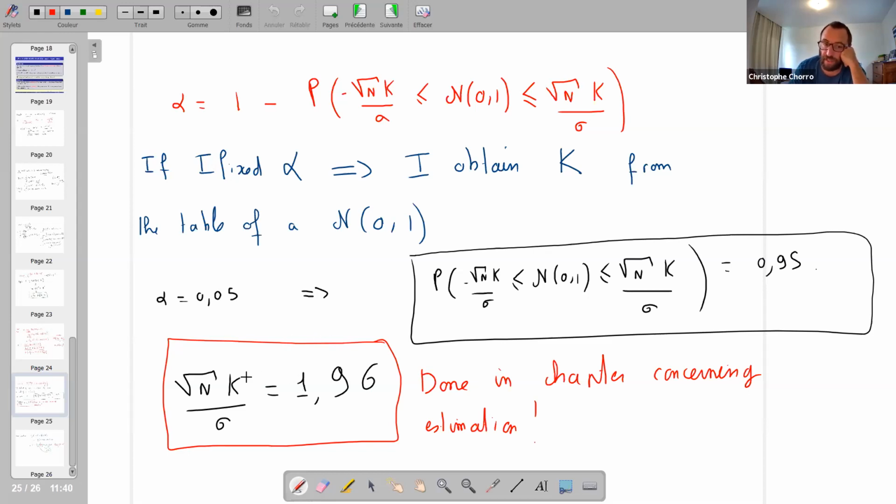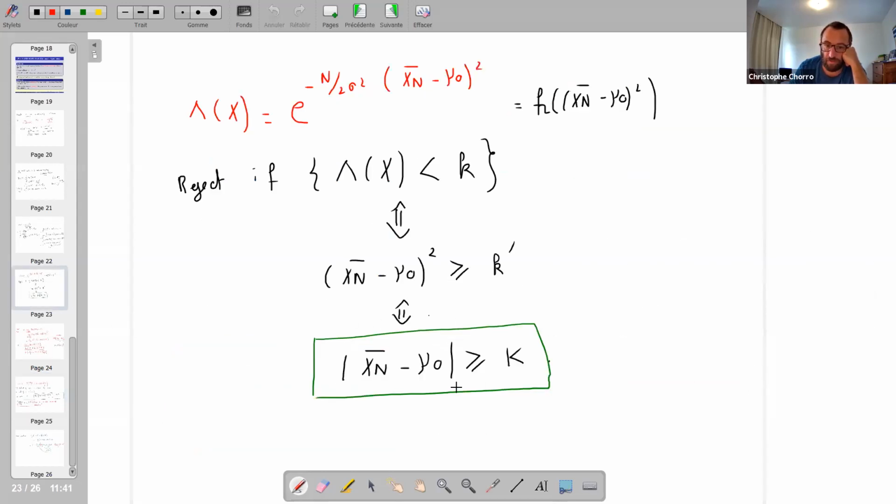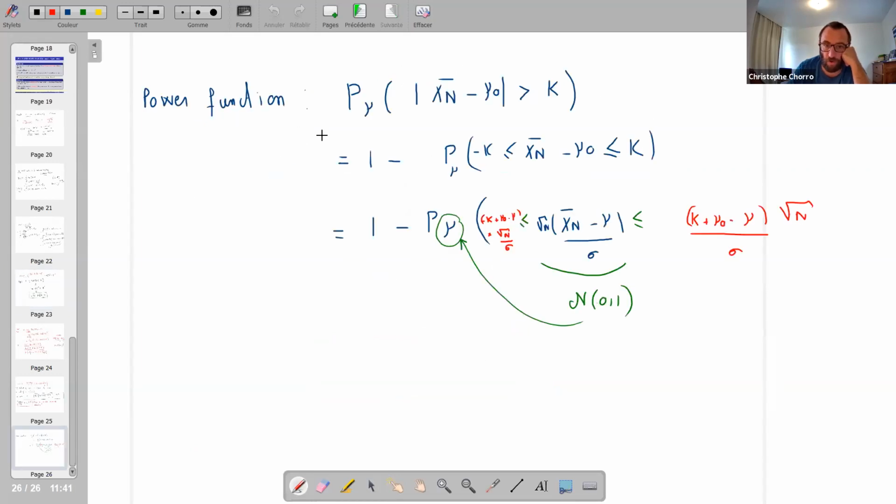And then once I have fixed the level, I have my k, and so I have explicitly my region of rejection. I am able to compute now the power function, just keeping in mind that, doing this little computation here, in order to obtain something that is N(0,1) in order to obtain these quantities from the tables of N(0,1). So to summarize, we have a systematic way to test hypotheses in two situations.